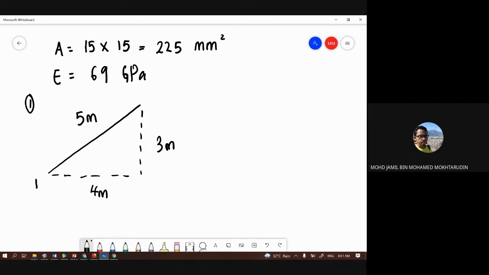This is node number 1 and this is node number 4. Then we can determine this angle using cosine. So theta 1 is 36.87.